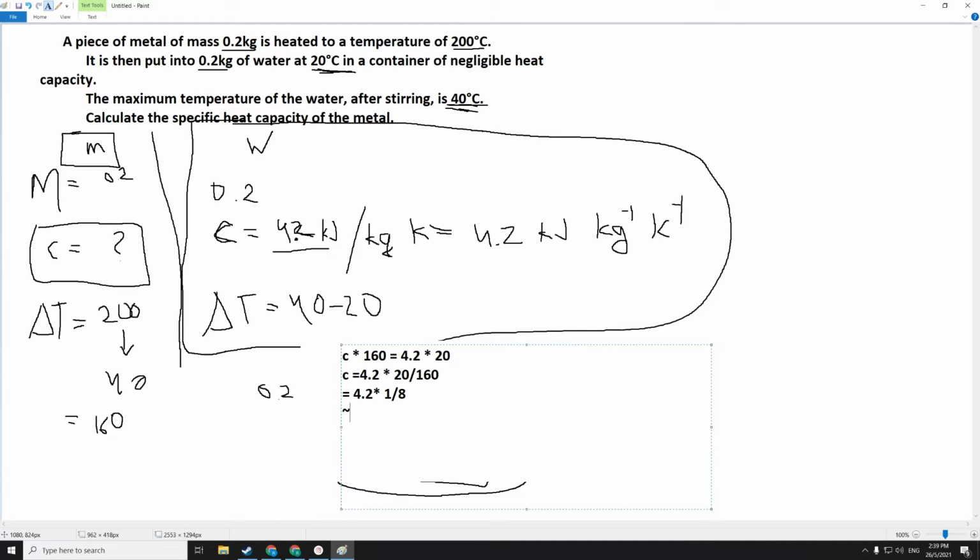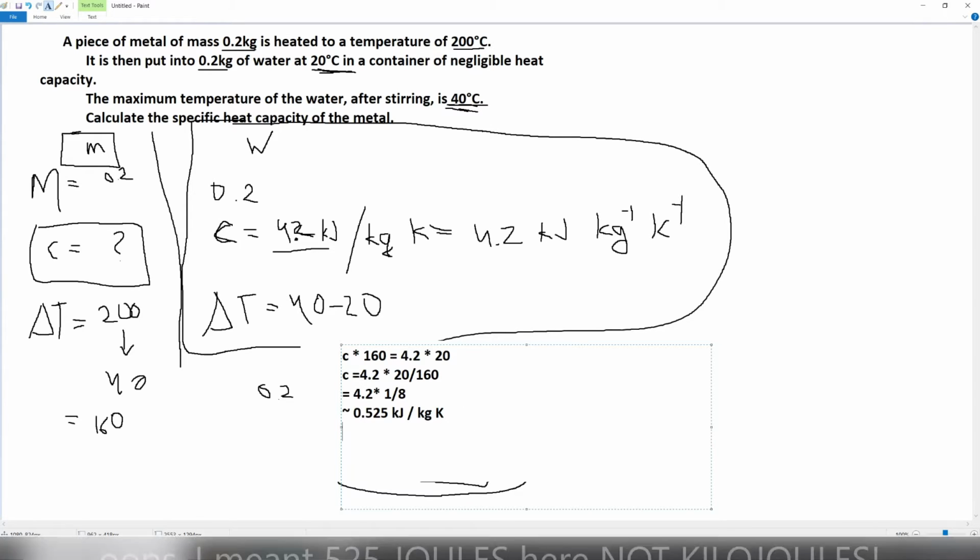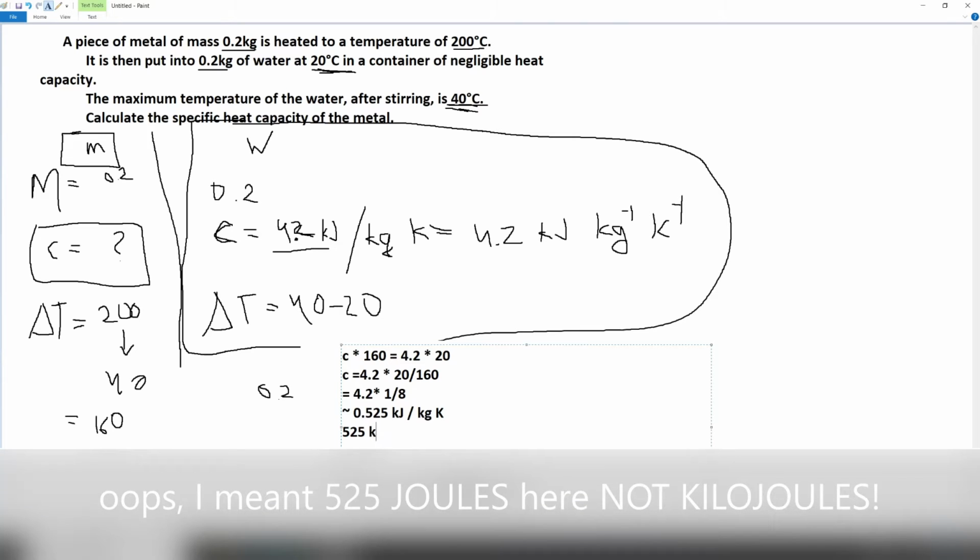So that will give us 0.525 kilojoules per kilogram Kelvin, and that is our answer. Or if you want to write it in terms of joules, that's simply 525 joules per kilogram Kelvin. And so that's how we do a problem like that.